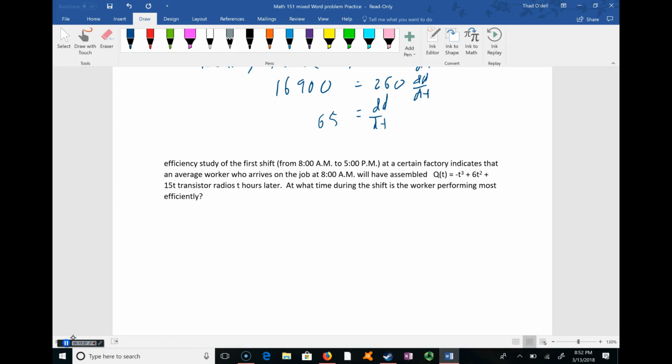So we're going to take Q of t is equal to negative t cubed plus 6t squared plus 15t. And we're going to take the derivative of that. Q prime is equal to negative 3t squared plus 12t plus 15.